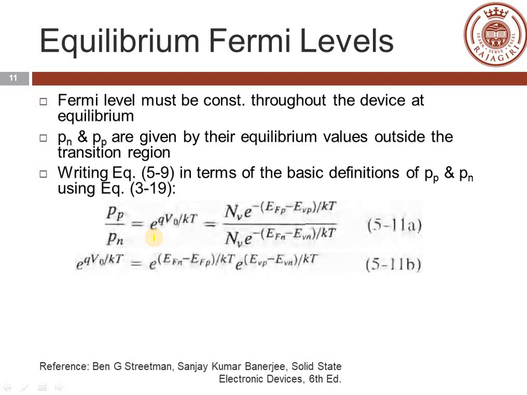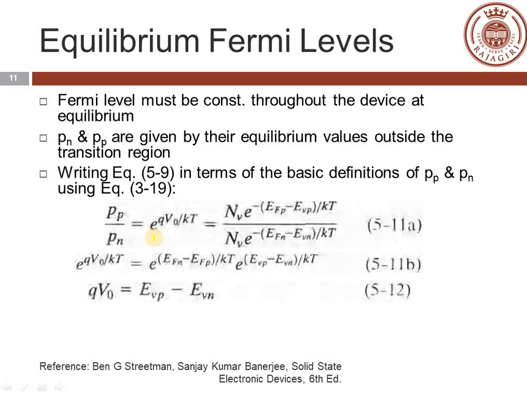Now rearranging this equation, because at equilibrium EFP and EFN are equal, EFN minus EFP will be equal to 0, so e to the power 0 will be equal to 1. Hence we can write qV0 is equal to EVP minus EVN.